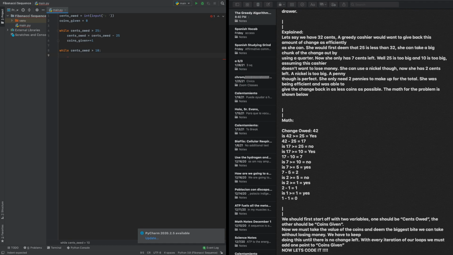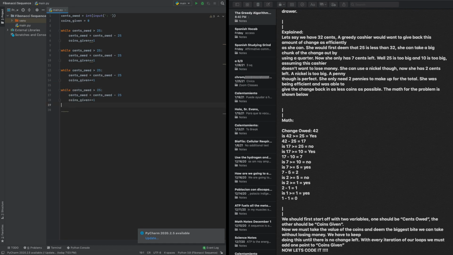So while our cents owed is greater than 10, we want to do the same thing over and over again until we get to the penny. So let's just copy and paste this. Again, I don't recommend copy and pasting because so many things can go wrong with the values. First it's our 25 cents, we're subtracting 25, and then we go down to the 10 cents.